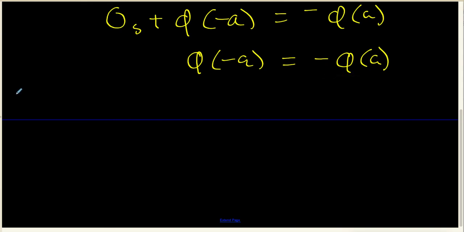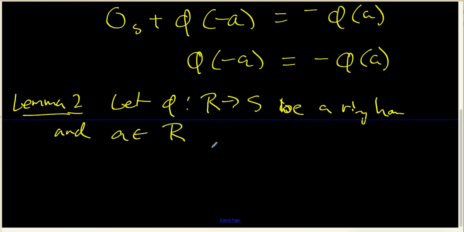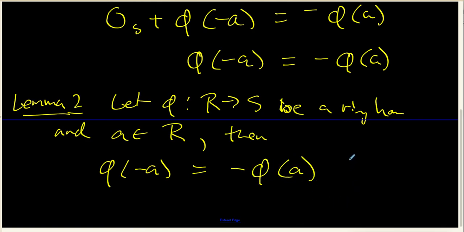And our second lemma is going to say if phi is a ring homomorphism, and we look at A inside set R, then phi of minus A is just going to be minus phi of A. And this is going to be true for all A's inside our ring R.